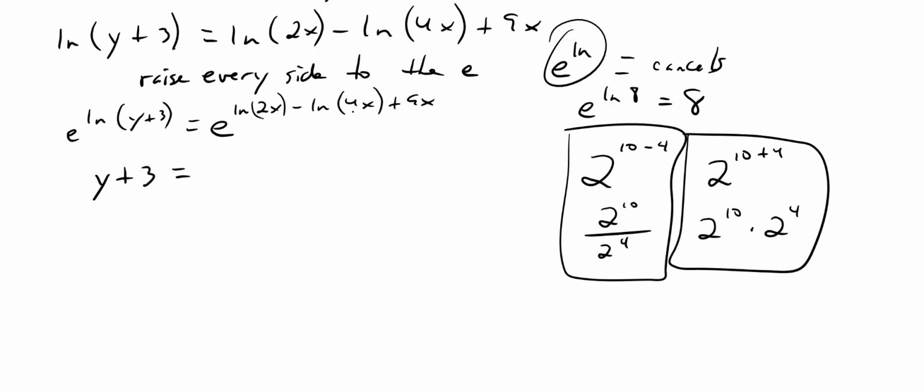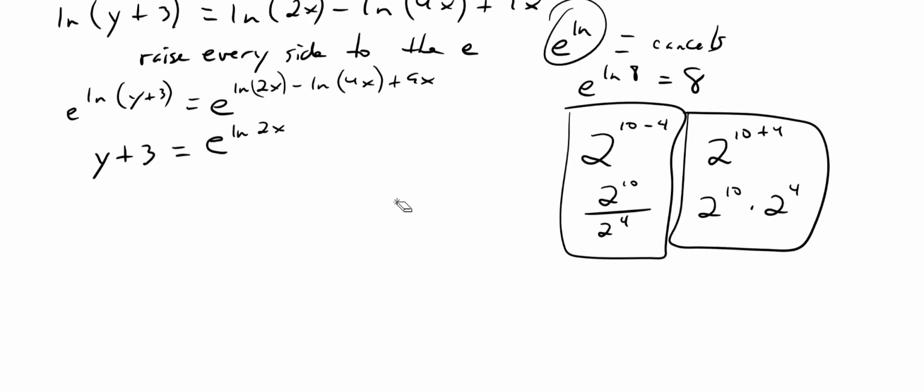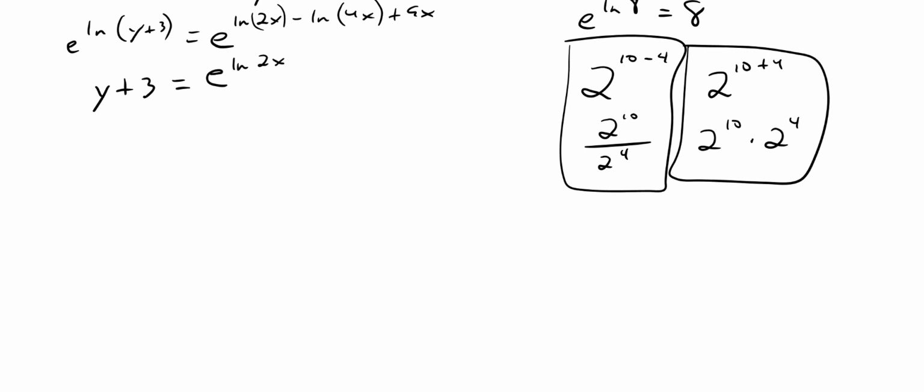See, it's a minus here. So I can say it's e to the ln of 2x times e to the 9x over e to the ln of 4x.